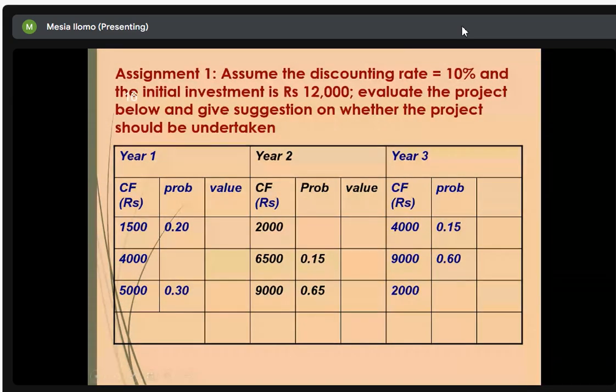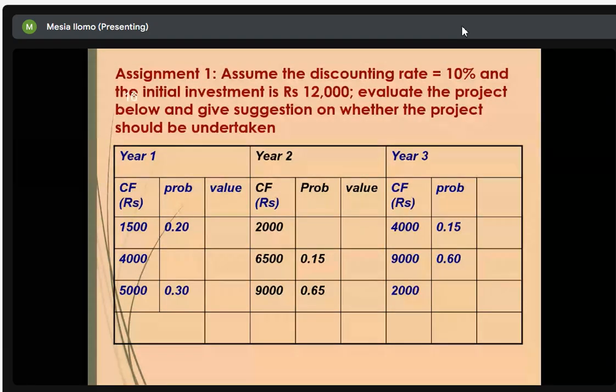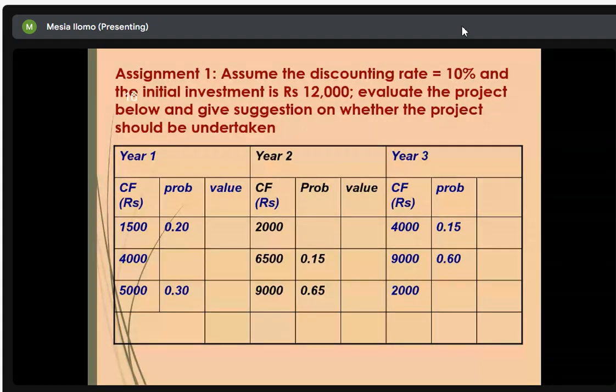Of how much? 2,309.17. Yes. Okay. So that is how you adjust probabilities, or at least incorporate probabilities in sensitivity analysis, and establish the NPV.